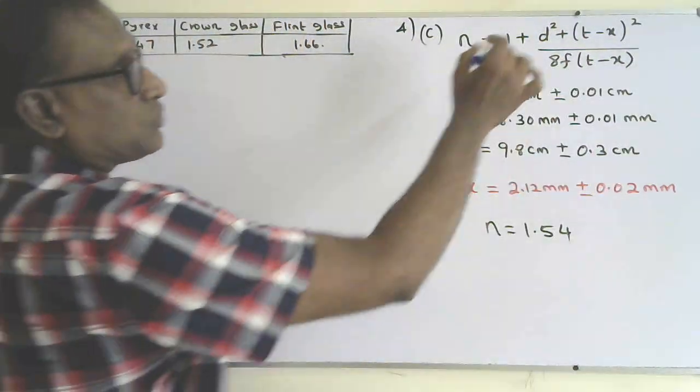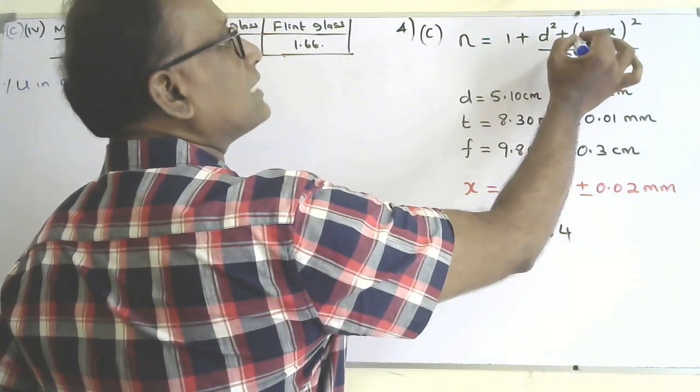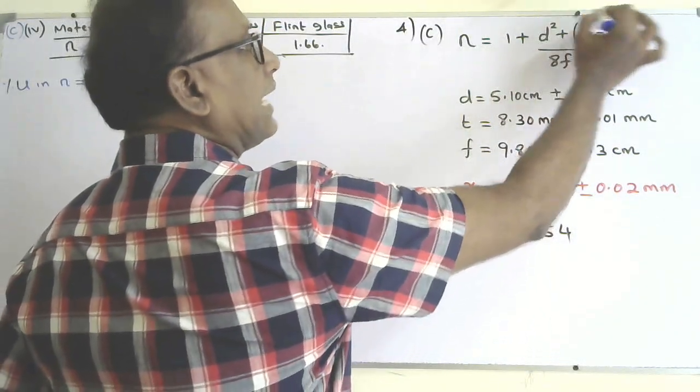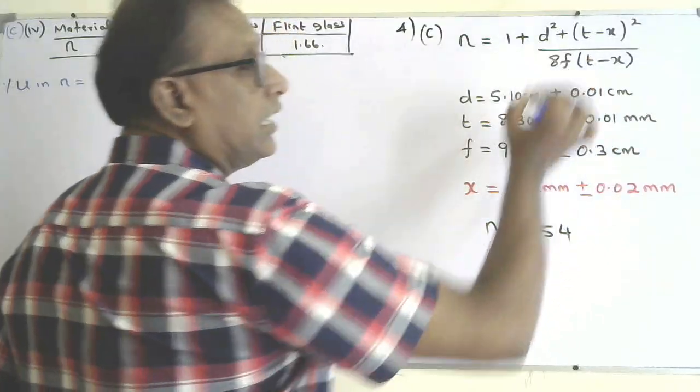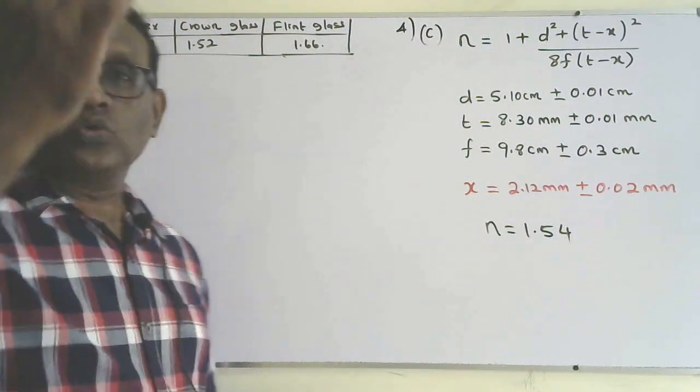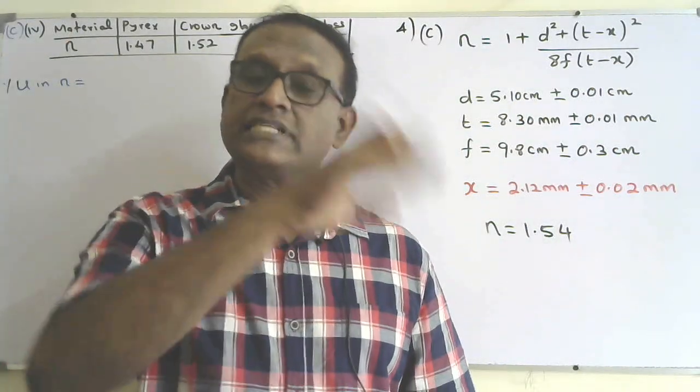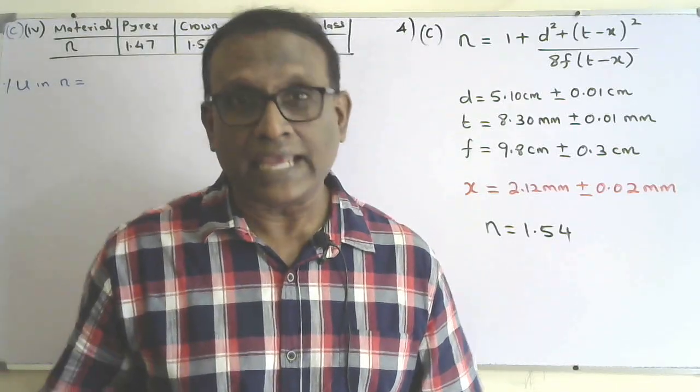You know this quantity, the whole thing, d squared plus (t minus x) all squared, is divided by this one. We know that when two quantities are divided, their percentage uncertainties will be added.